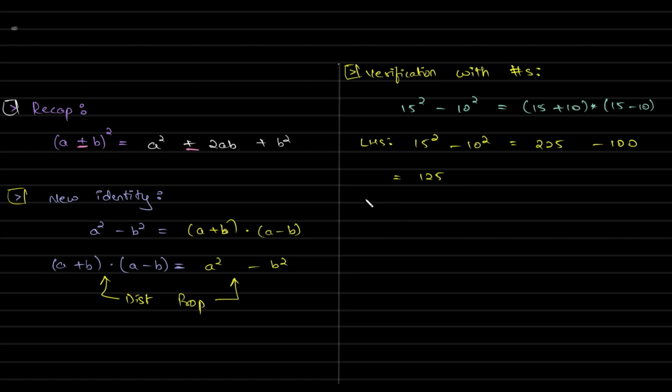Now we have RHS, (15 plus 10) into (15 minus 10), which is nothing but 25 into 5. So 25 into 4 is 100 plus 25 is 125. So we got the same answer. So this expression is an identity.